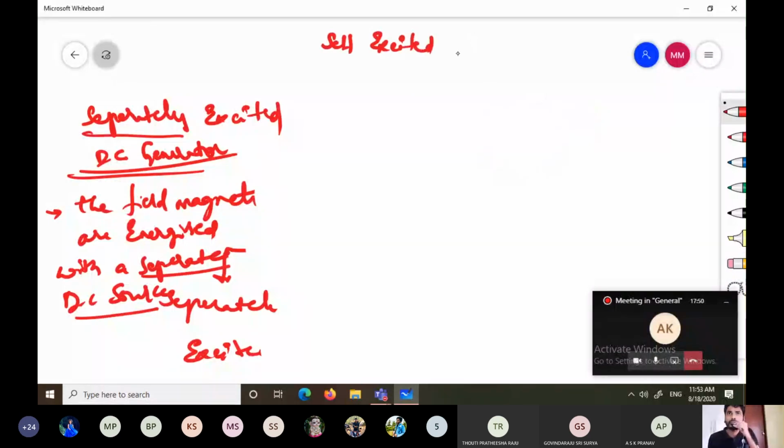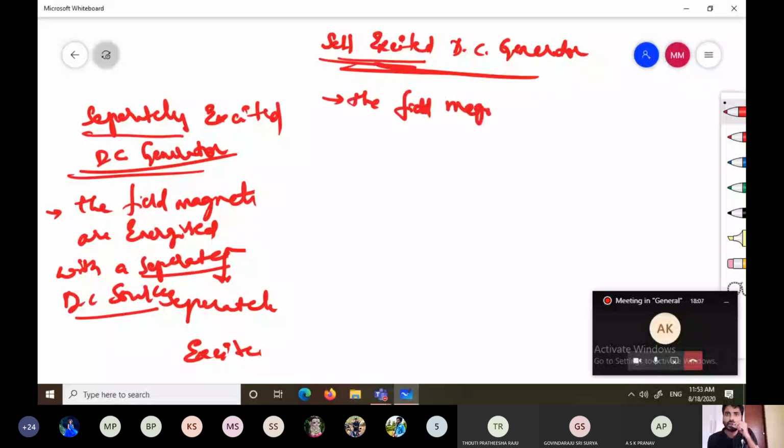Self-excited DC generators. The name itself indicates it is a self-excited one. That means the field winding or field magnets of this type of generator are energized by themselves.